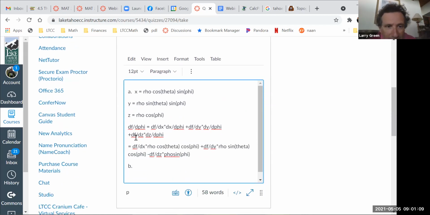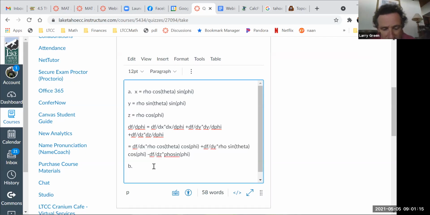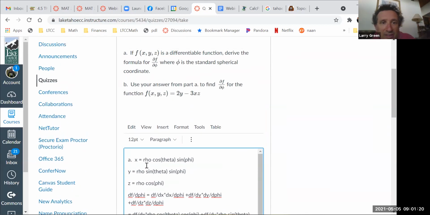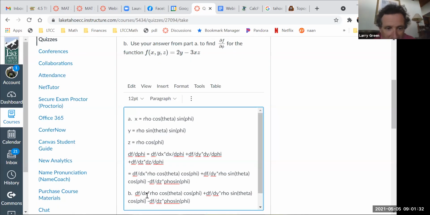So for B, I can just copy this in. And now del f del x, just go over here. Del f del x is what? Yeah, negative 3z. So where I see a del f del x, I put a negative 3z.